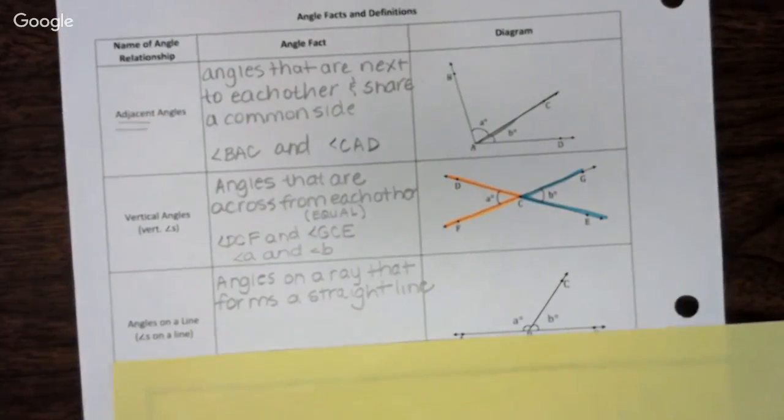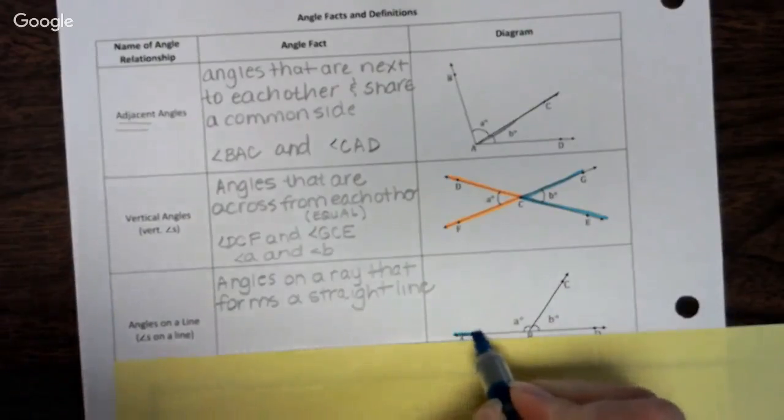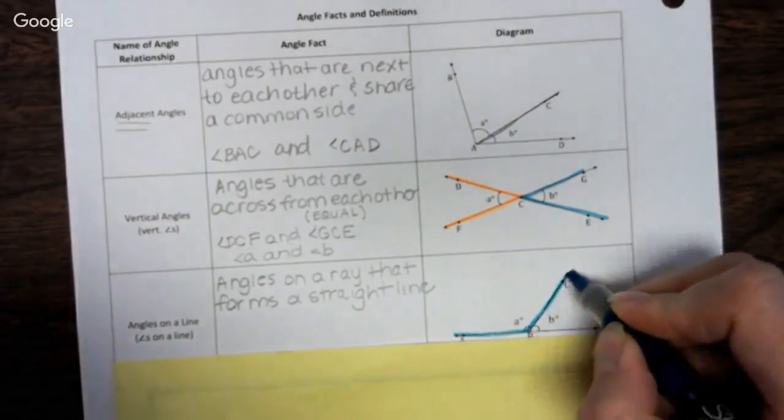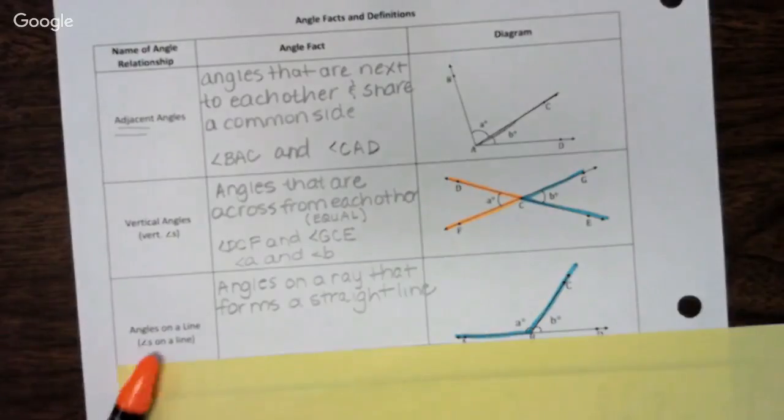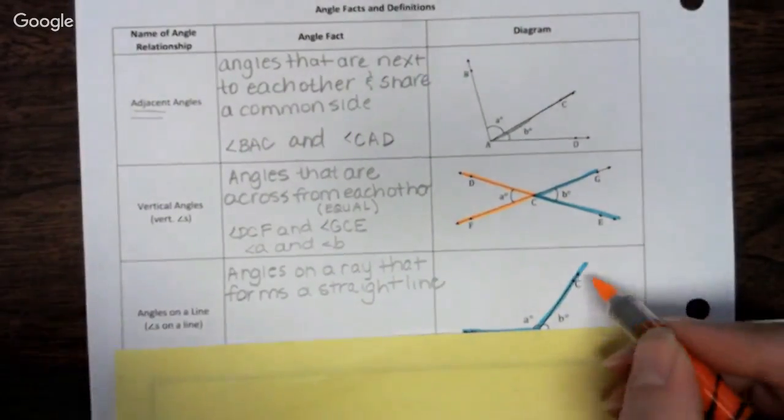If I were to put that up there, see where the yellow sheet of paper is? That forms a complete straight line. So there are two angles here, and I'm going to highlight them again just so you can see them in color. We have this angle right here, and we have this angle right here.